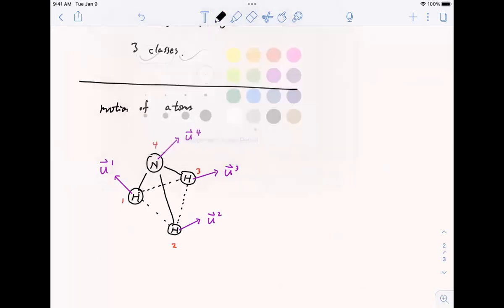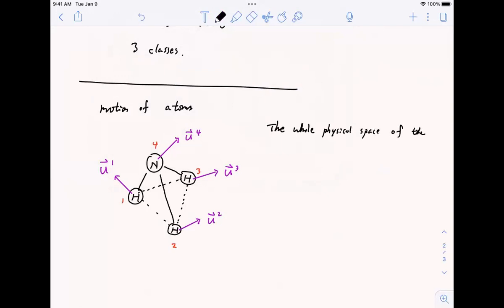Then the whole physical space of the motion of atoms, you can use this set to represent: U1, U2, U3, U4.